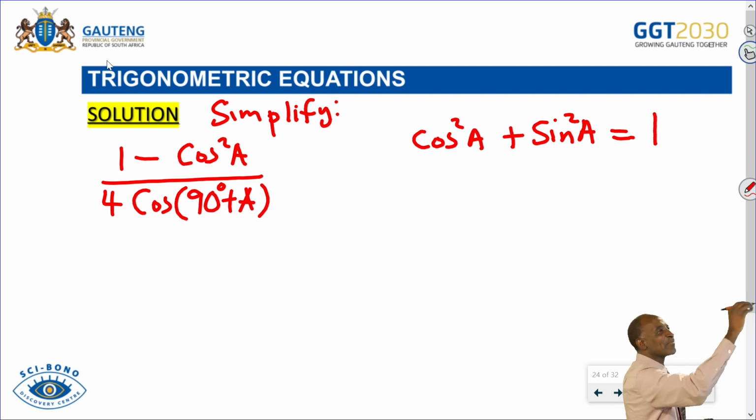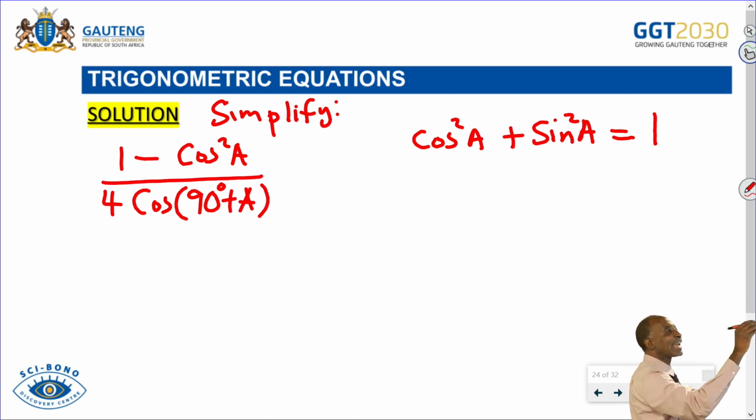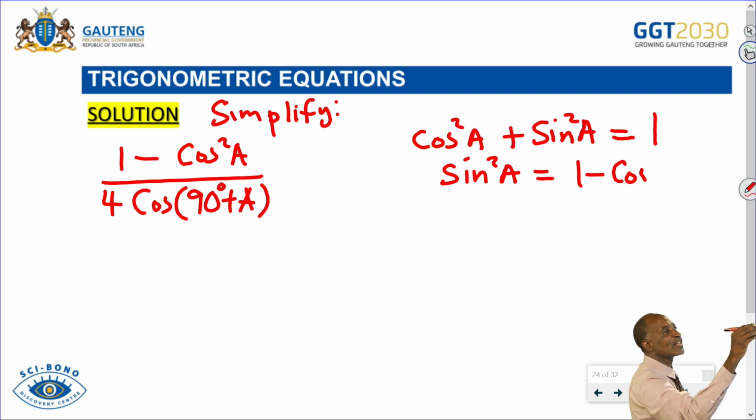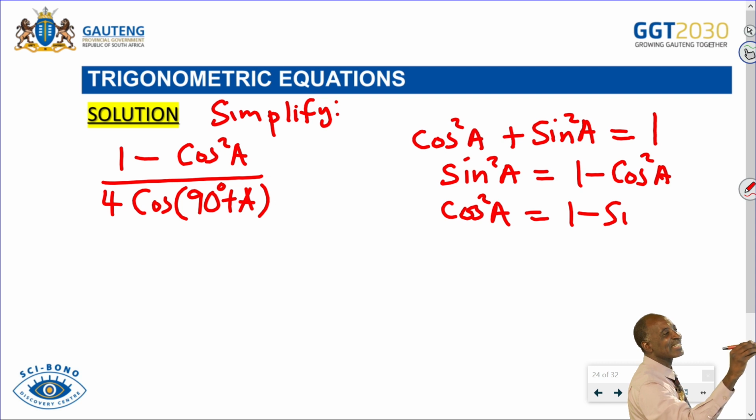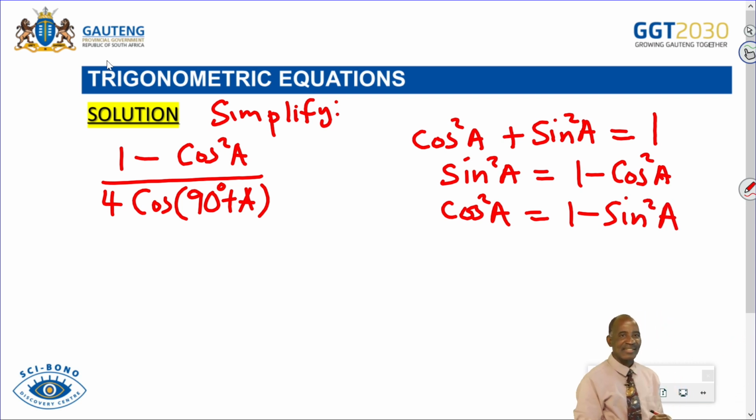Then I can manipulate this and write it in 3 different ways, meaning I can say sine squared A equals to 1 minus cos squared A. But remember, this can also be written as cos squared A equals to 1 minus sine squared A. You must never forget those variations.